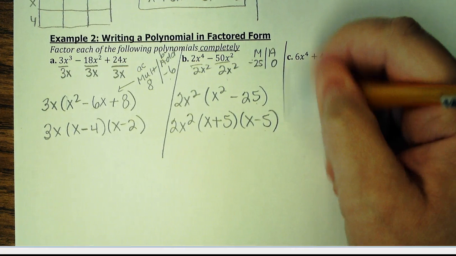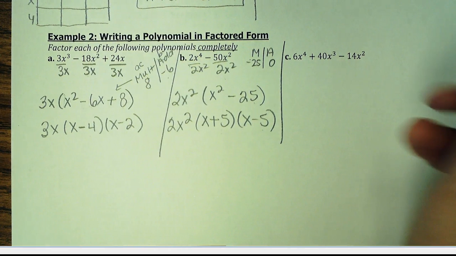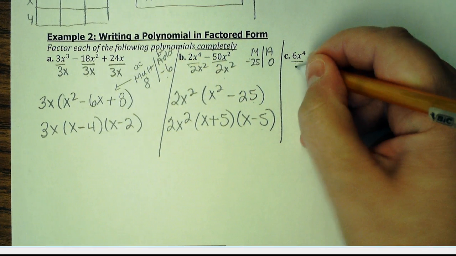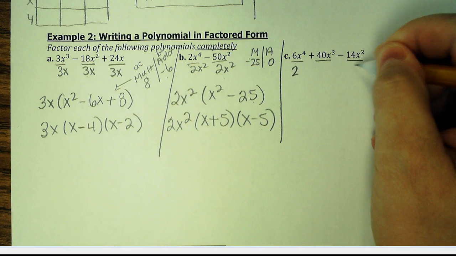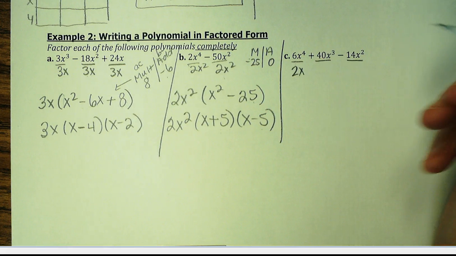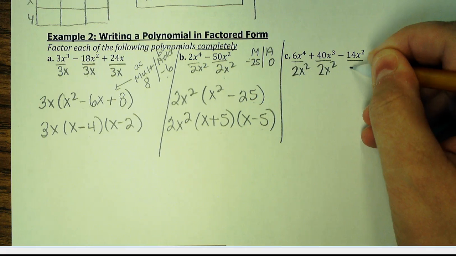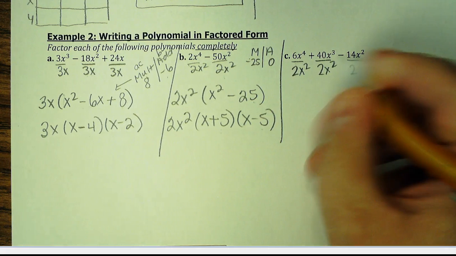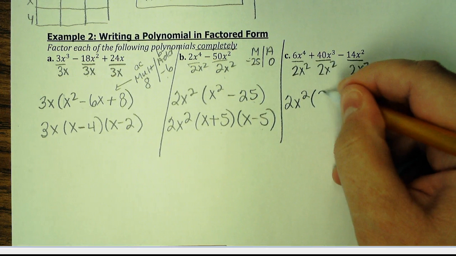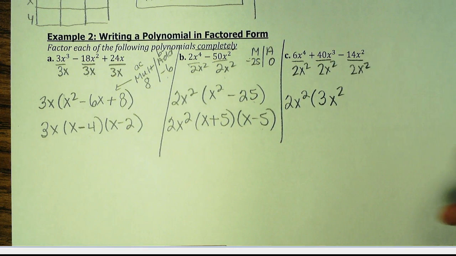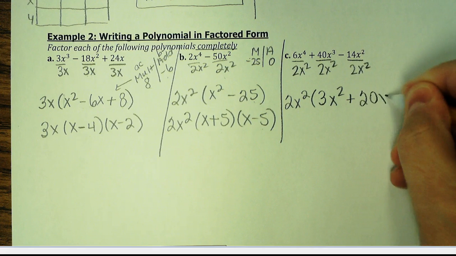Okay, and then the last one, this one's probably the trickiest. It requires that Berry method, but before I start that out, all these numbers are even, and so they're at least divisible by 2, and I think that's going to be it. And they each have at least an x squared, so we're going to take out a greatest common factor. So pull that out in front. Now, 6 divided by 2 is 3, so we'll have 3x squared left. 40 divided by 2 is 20 with an x left.